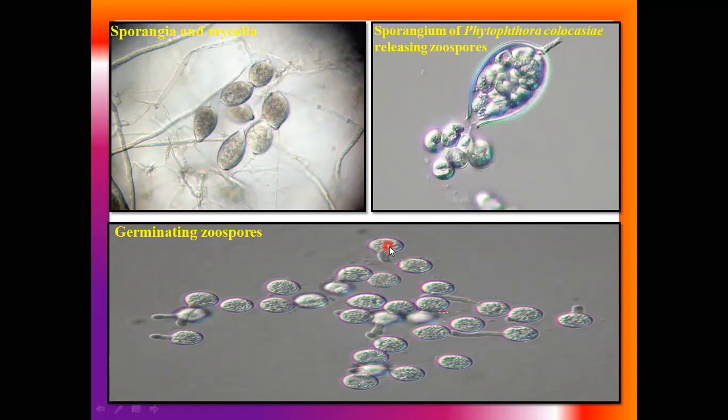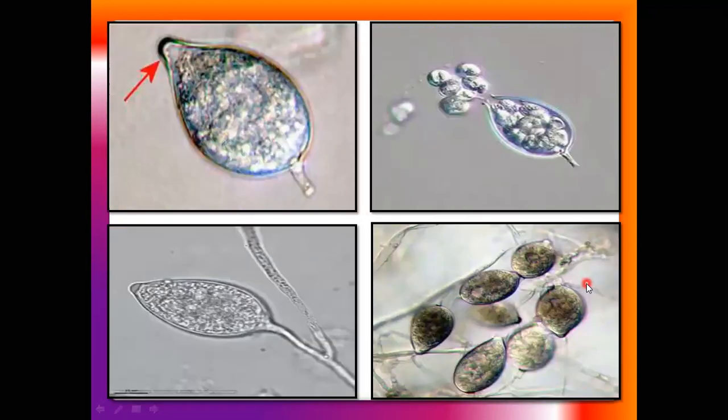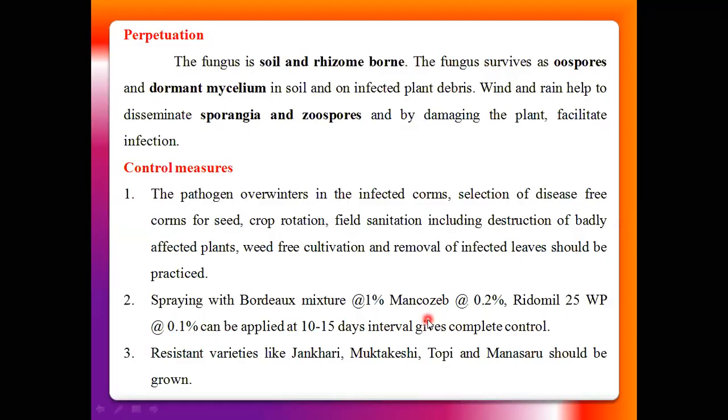This is the germinating zoospores you see in these diagrams, and these zoospores directly attack or infect the healthy leaf of the Colocasia. This is the papillate form of the zoospores.